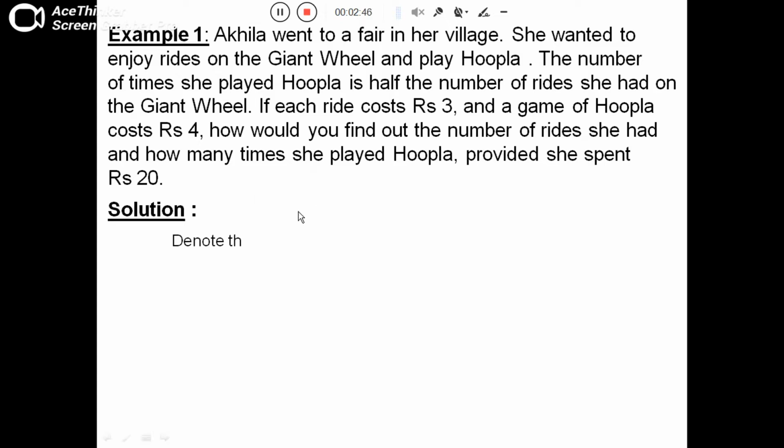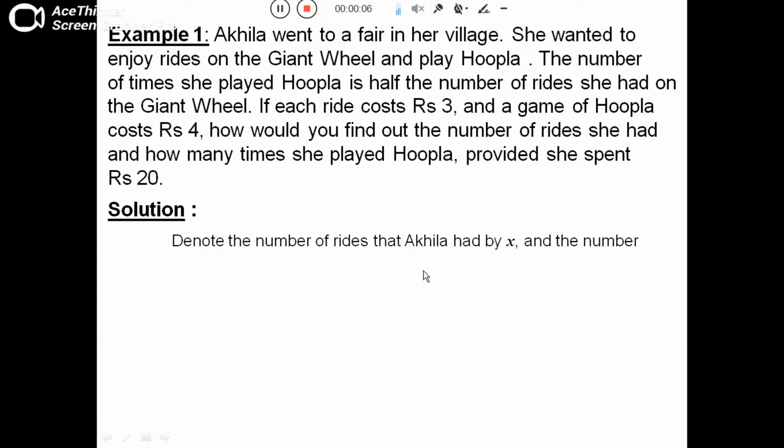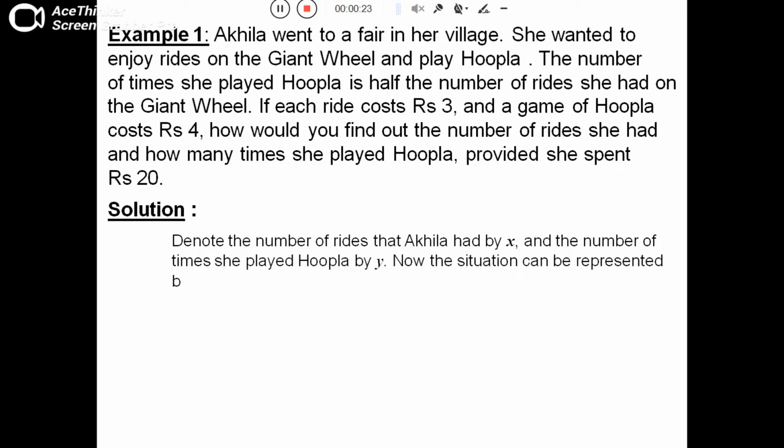Denote the number of rides on the giant wheel that Akhila had by x, meaning the number of rides she had taken is x, and the number of times she played hoopla by y. Now according to the situation, we can represent both the equations easily.